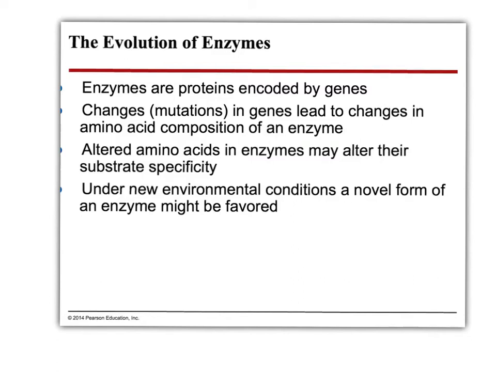If that activity is beneficial, awesome. That is passed on to the next generation. If that change in activity is not beneficial or just bad in general, it doesn't get passed on. Those cells don't live. Give me an example of this type of evolution.